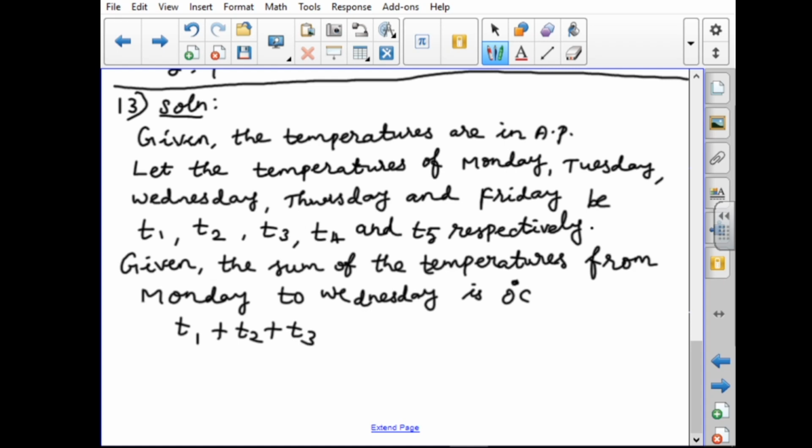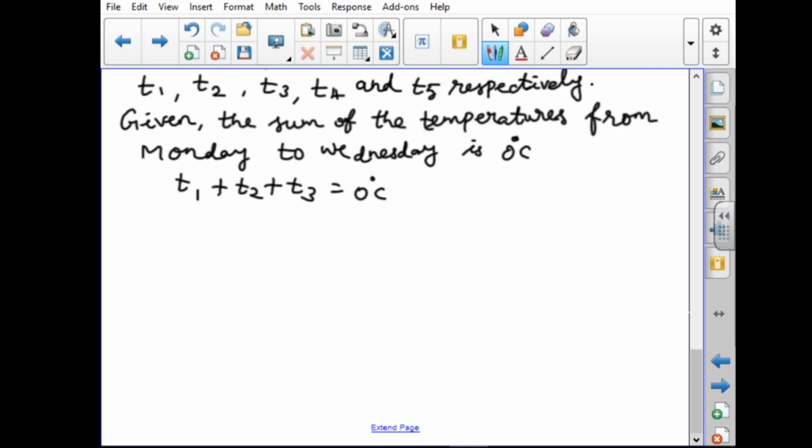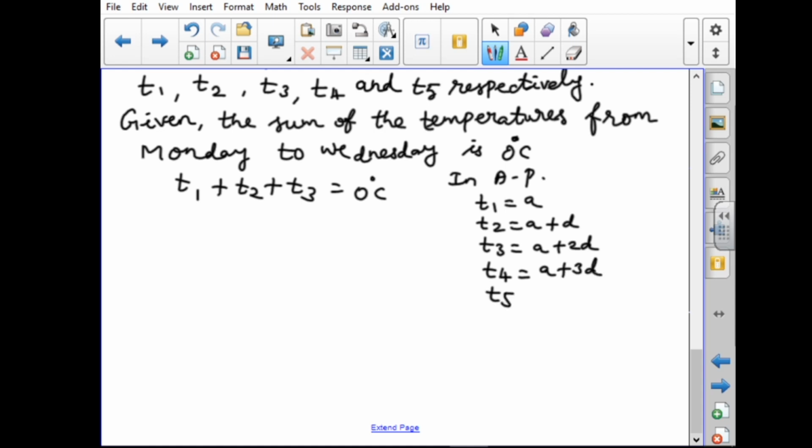So T1 plus T2 plus T3 equal to 0 degree C. So in AP we know that T1 equal to A, T2 equal to A plus D, T3 equal to A plus 2D, T4 equal to A plus 3D, T5 equal to A plus 4D.